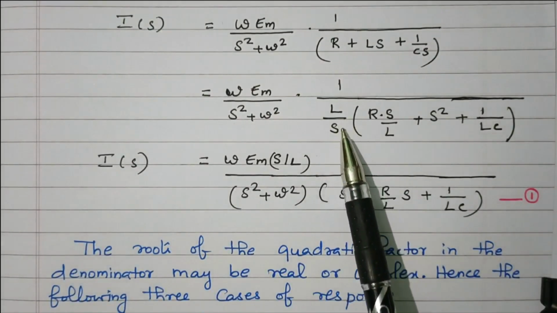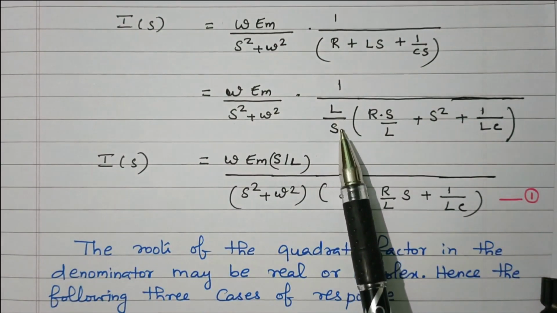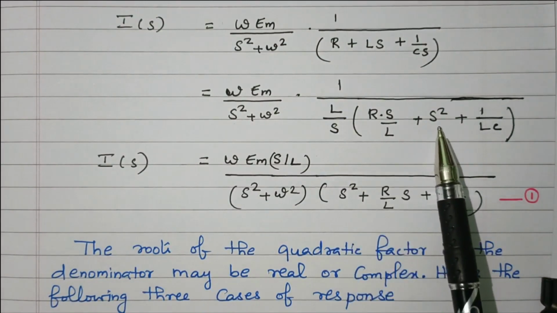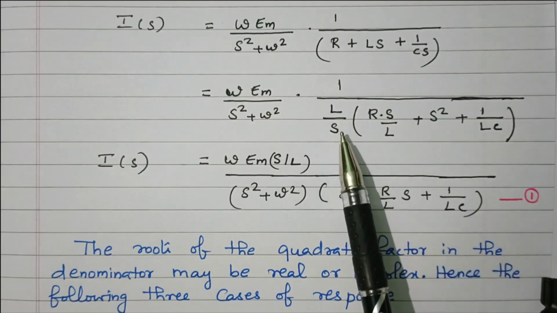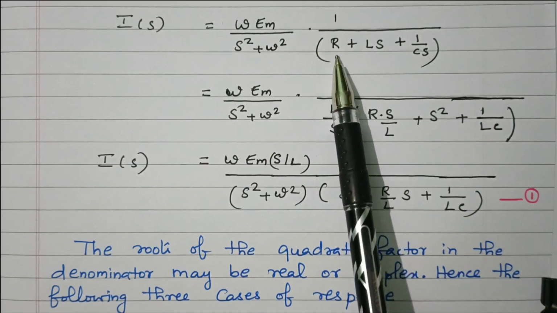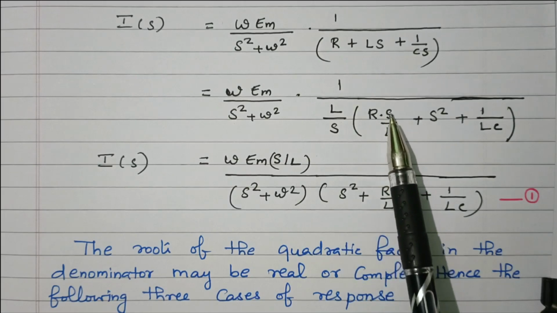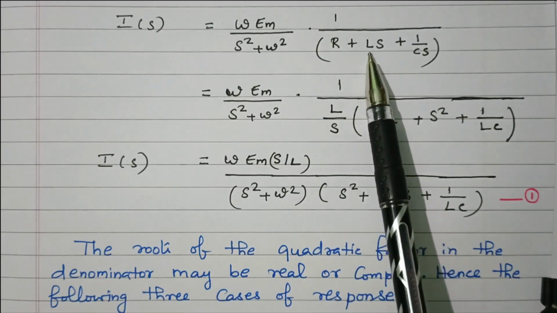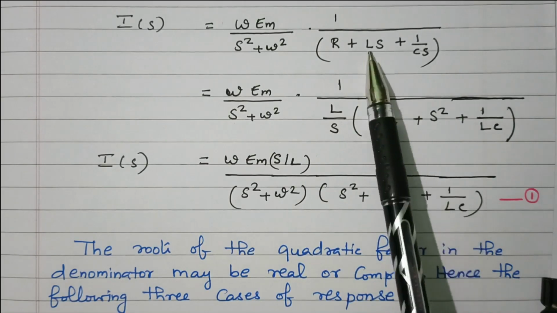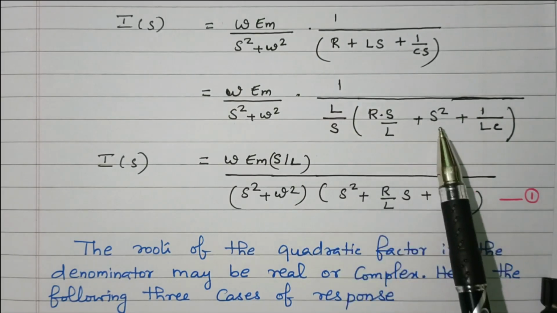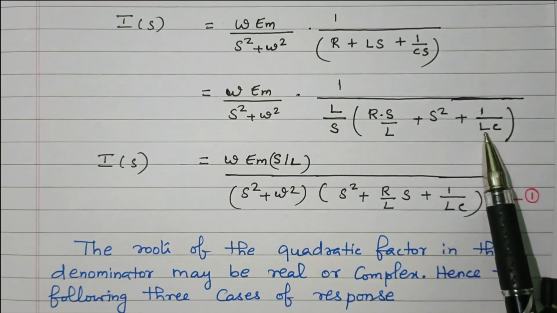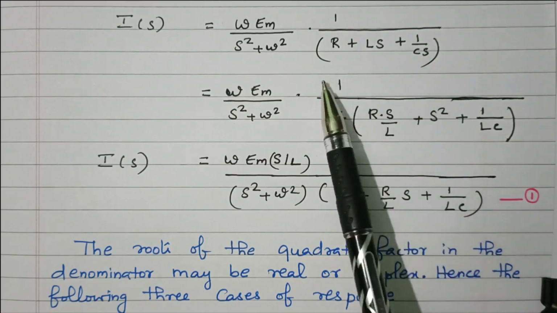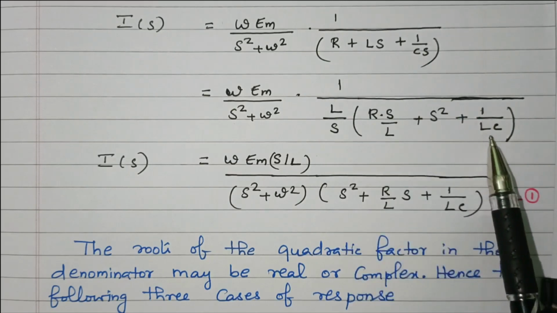We take L and s outside, so that we can bring it into the standard quadratic form, s square plus s. L divided by s is taken outside. Here both terms are not available, so we multiply by s by L. Here L is available, so L is taken outside, but s is not available, so it becomes s square. Here L is not available, so we multiply by 1 by L, and s is available, so that is taken outside, giving 1 divided by LC.